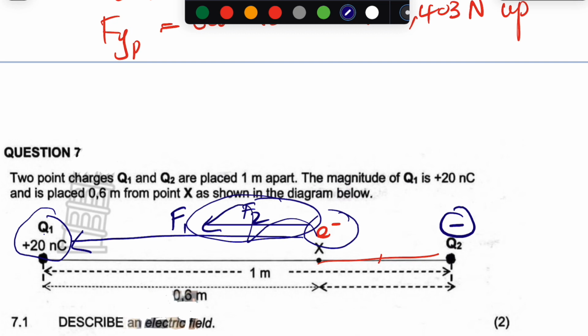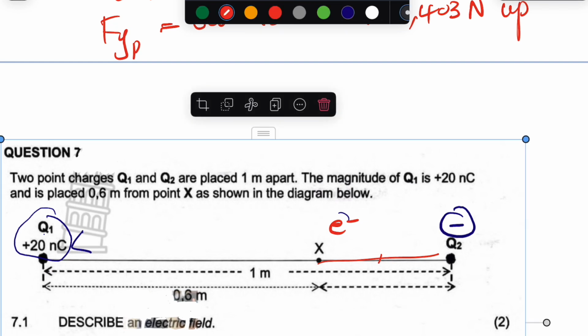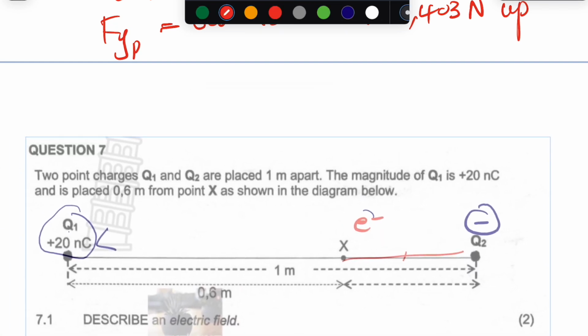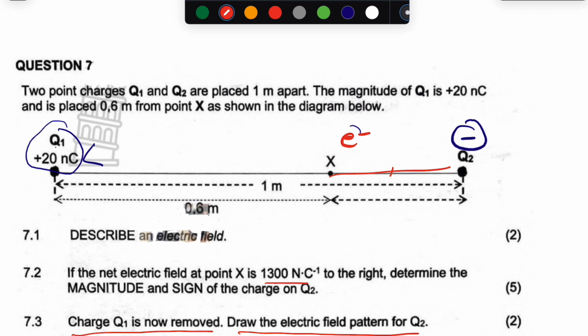Okay, let me do this so that I can make sense. So this is the electron. The electrostatic force due to this one at X will be in that direction, from Q1.